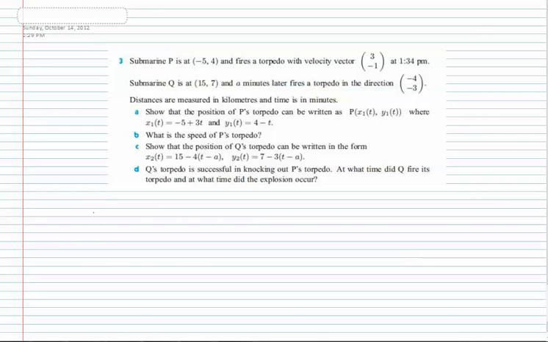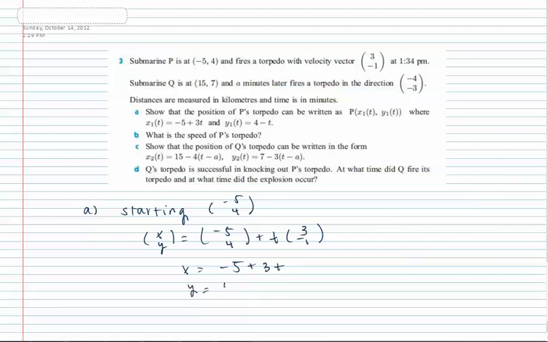Okay, so we start off with submarine P with starting position (-5, 4). You take the vector equation (x, y) = (-5, 4) + t(3, -1). We can turn a vector equation into a parametric equation, so x equals -5 plus 3t and y equals 4 minus t.